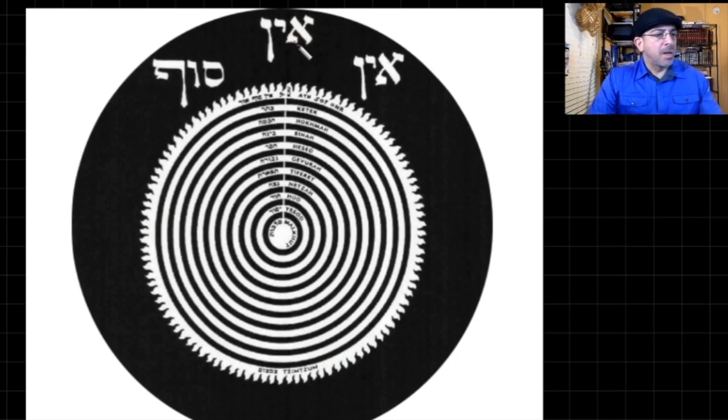So I would like to read from the Tree of Life, Etz Chaim, from the Arizal, and we're going to follow the Arizal using the diagram that we have here, okay?